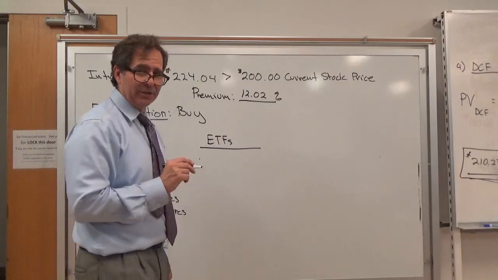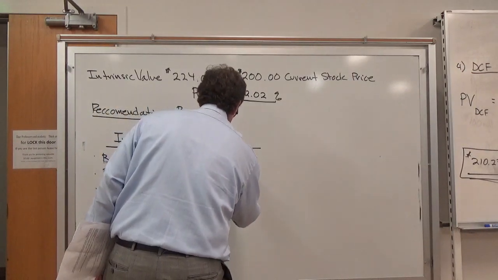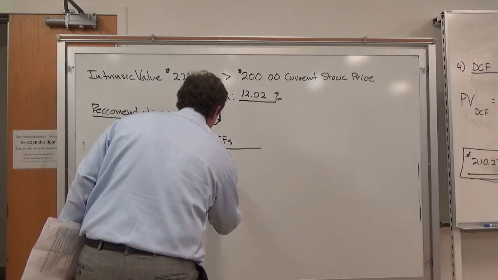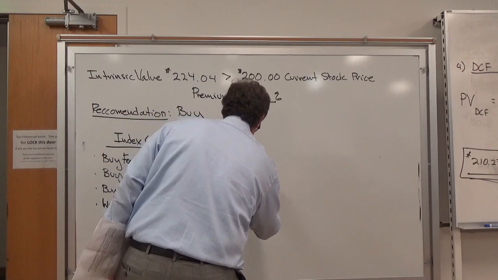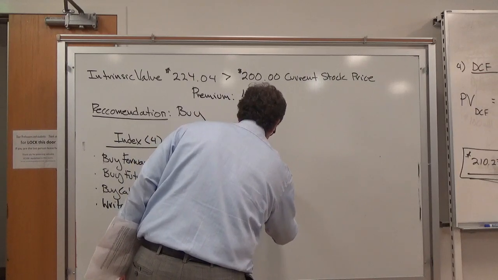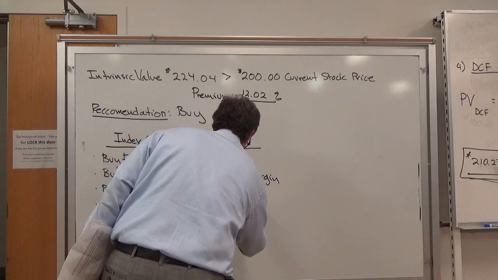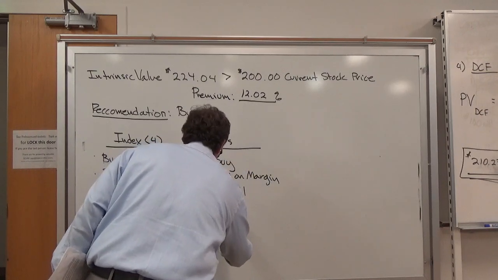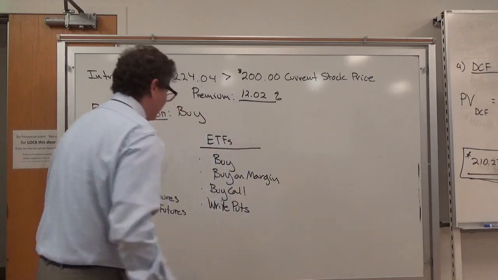Could I buy the exchange traded funds? What did you say? You could also buy on margin. What else can I do? I can always buy calls. And I can write puts. And how many trades do I have?